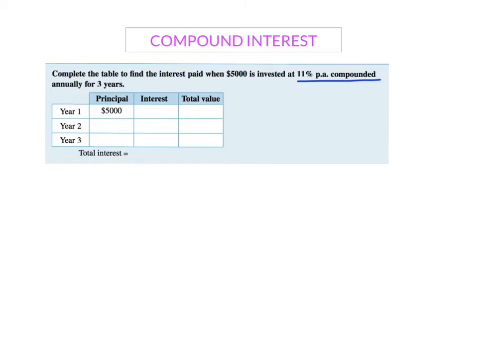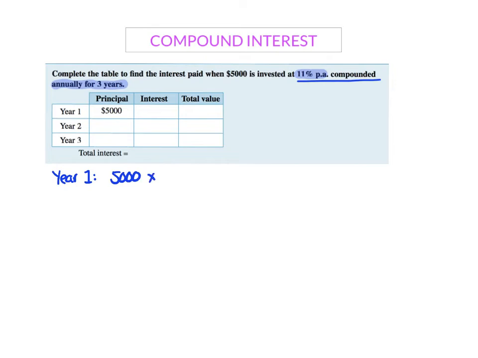So when they say annually for 3 years, and it's getting compounded 11% per annum, it means every year they're going to give you 11% of the amount you have in your bank account. So let's have a look in the first year. If we look at year 1, we've got $5,000 and we're going to get 11% interest on that.